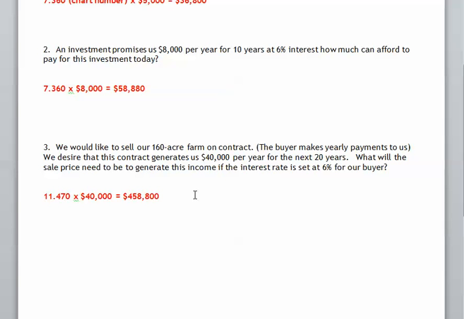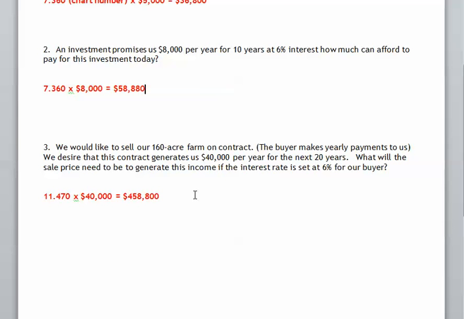Well, in this example, we'd like to sell our 160-acre farm on contract. So in other words, the buyer buys it directly from us and makes payments to us instead of a bank. If we want that contract to generate $40,000 a year for the next 20 years, say we're an elderly couple, we want to sell the farm on contract.